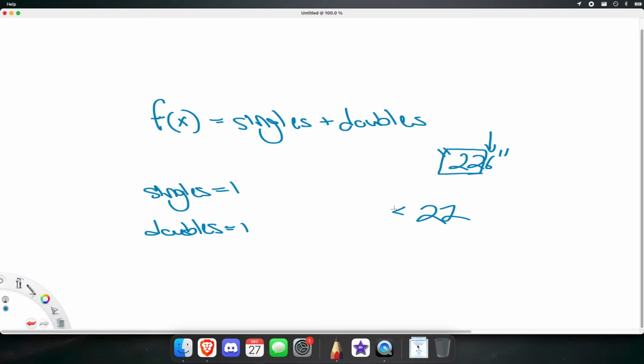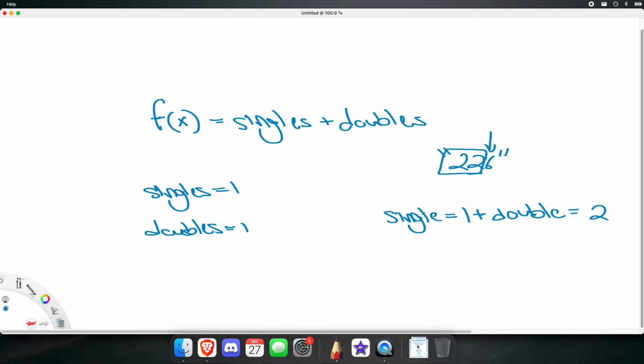And 22 is greater than or equal to 1 and less than or equal to 26. So this tells us that 22 is within our mapping. If it's within our mapping, then we can construct a double out of this 22. So now singles needs to be updated, and it needs to be changed from 1 plus the number of doubles we can create, which in this case would be 2.